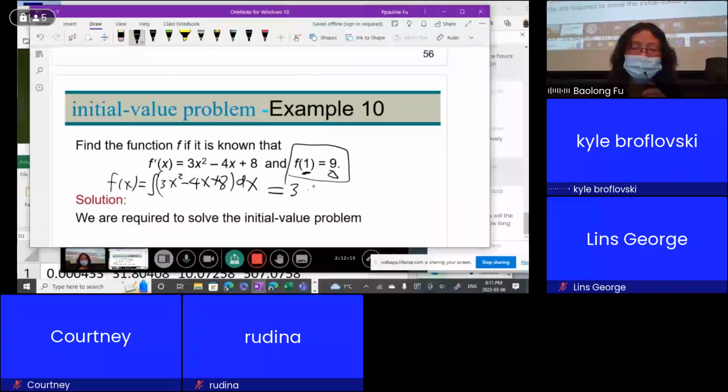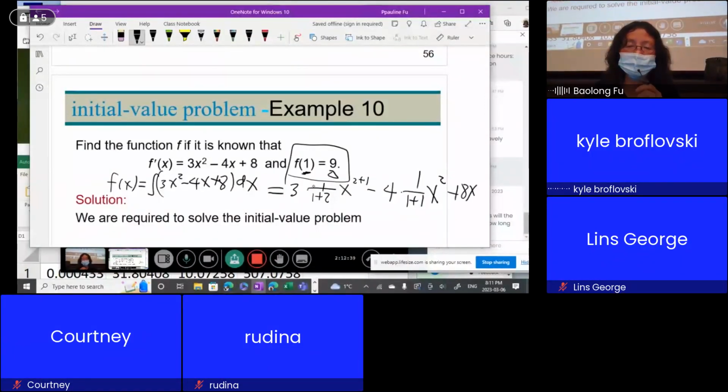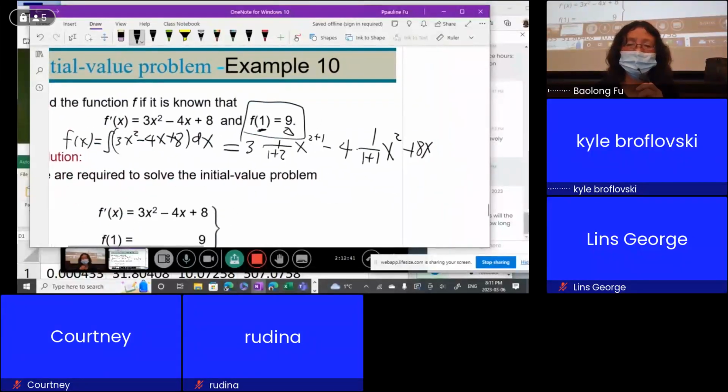3 times x raised to power 2 plus 1 over 2 plus 1, minus 4 times x raised to power 1 plus 1 over 1 plus 1, plus 8x, do not forget plus c.